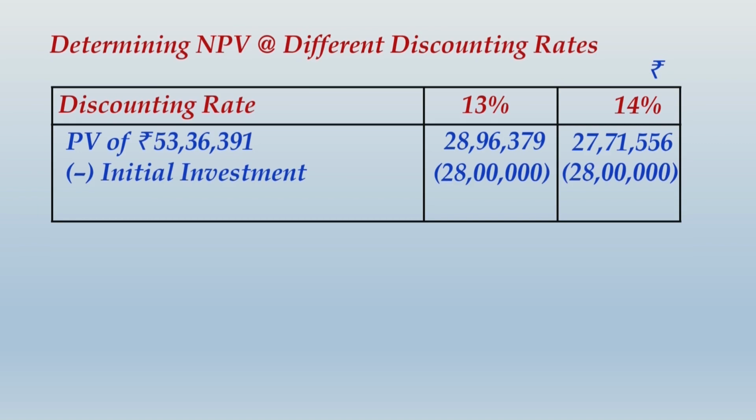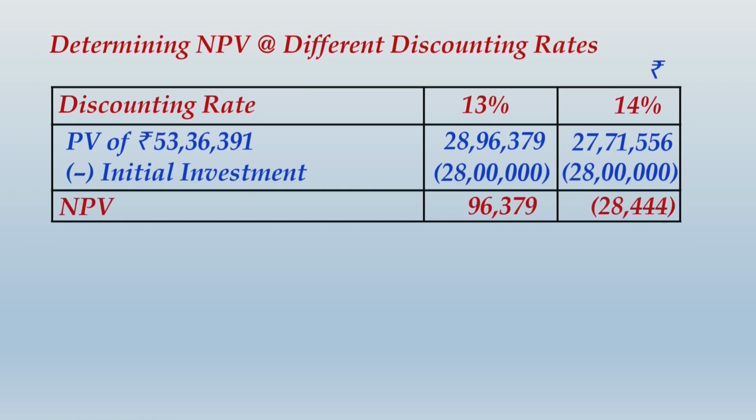From that, when we subtract the initial investment, here we are getting a positive NPV at 13% and a negative NPV at 14%. So definitely the modified IRR of the project must be between 13% and 14%.